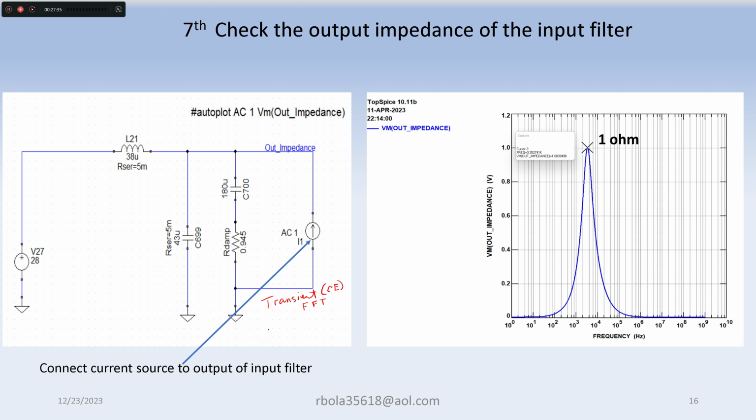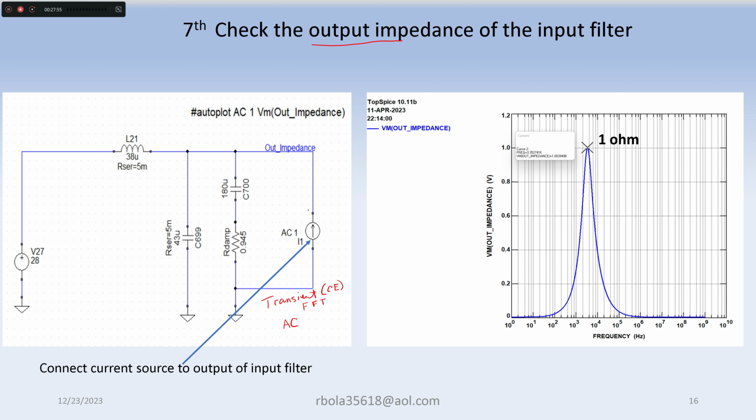Now to check the output impedance of the input filter, you want to do an AC analysis, and what you do is set the magnitude of the AC source to 1.